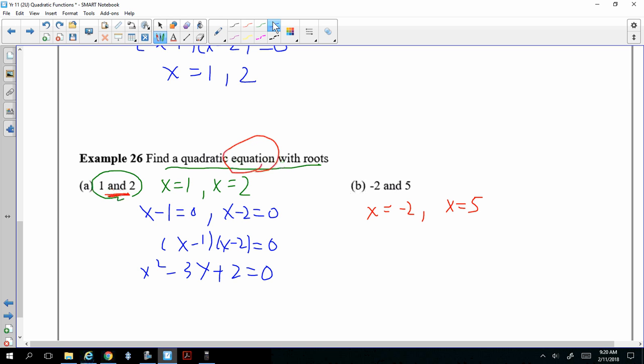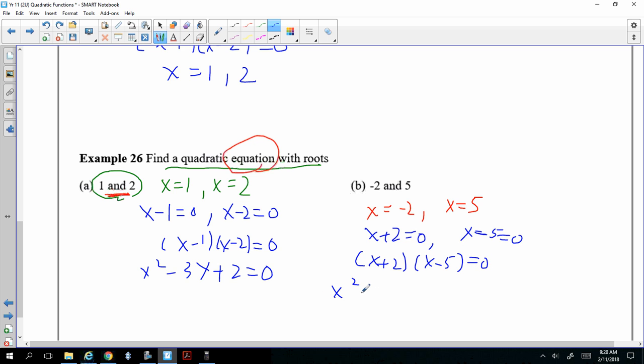Okay, what's the answer? So you would have got x plus 2 equal to 0, or x minus 5 is 0. And then you multiply the 2 factors together. And if you expand it, you get x squared minus 5x plus 2x minus 10 is 0. Yes? And you collect like terms.